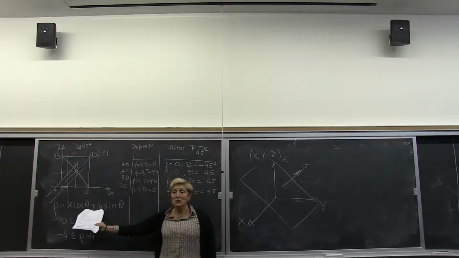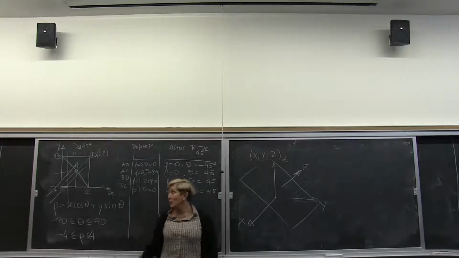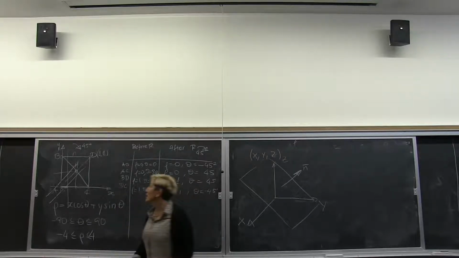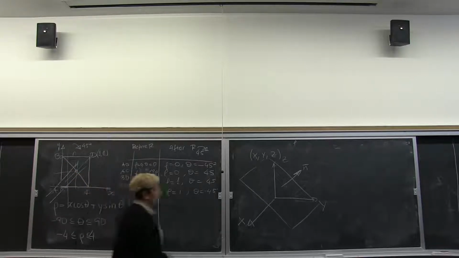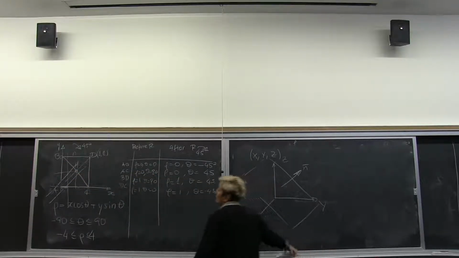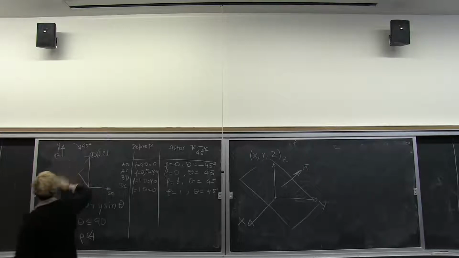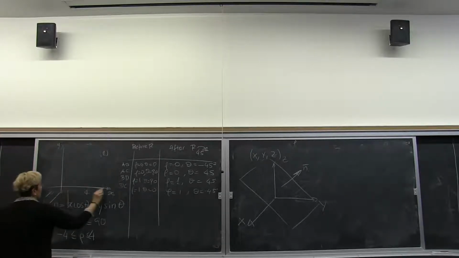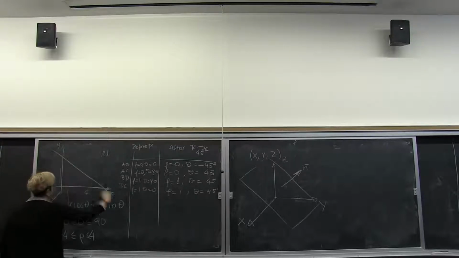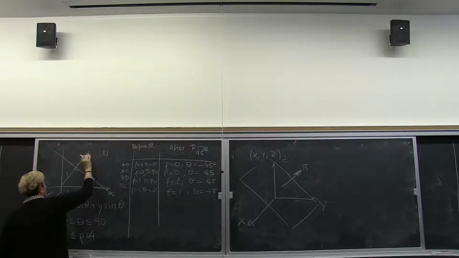So let's write this equation in terms of the normal of the line, okay? So what is the normal of the line? Say I'm talking about this line over here. Let me clean my picture a little bit. All right?